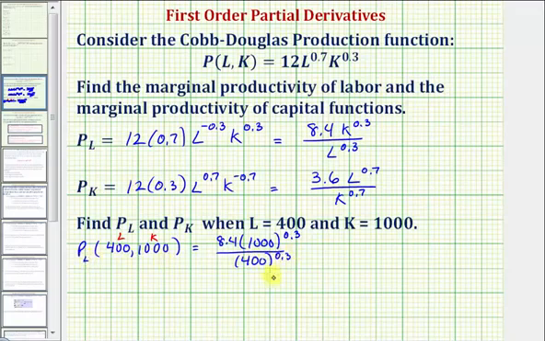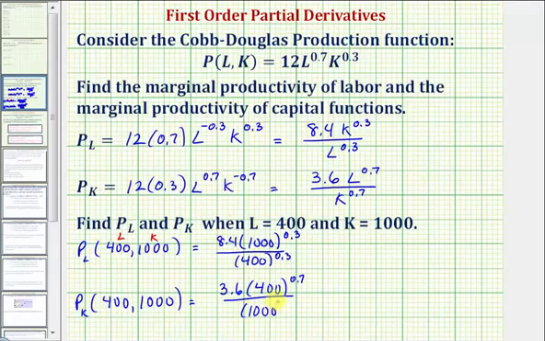We'll evaluate this in just a moment. Let's go ahead and set up the partial with respect to K at the same point. So we'd have 3.6 times L, or 400, raised to the power of 0.7, divided by K, or 1000, raised to the power of 0.7.